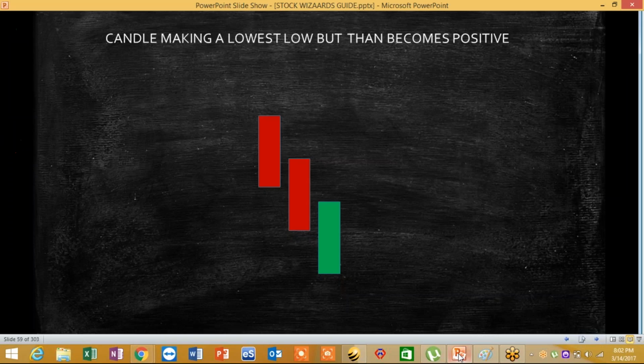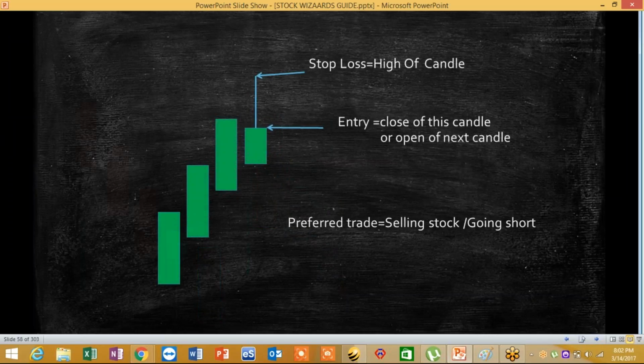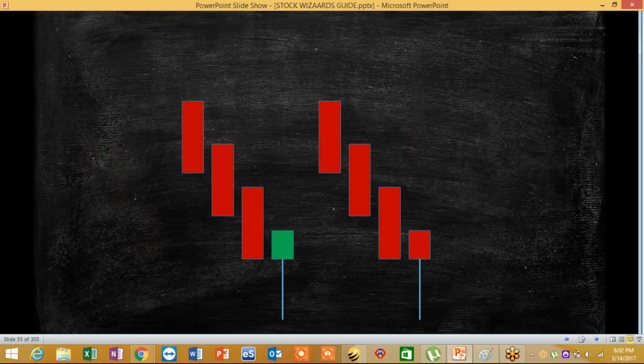Let us go to the PowerPoint again. Can you see here? So it's a bullish hammer candle and it is a buy entry for us. Whether it's green or whether it's red, it's a buy entry for us.